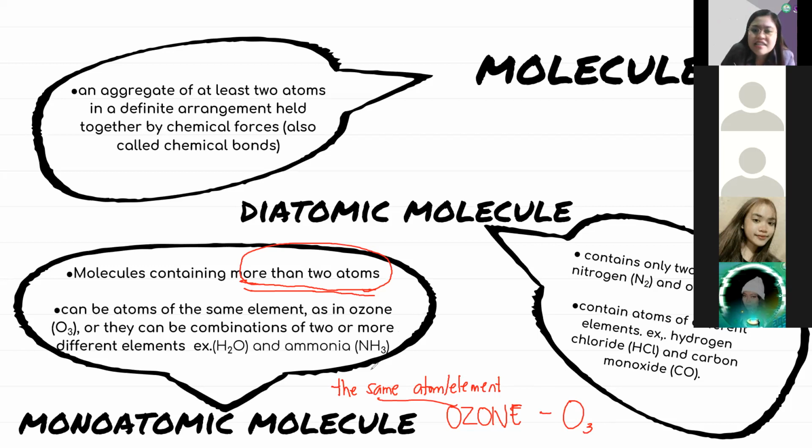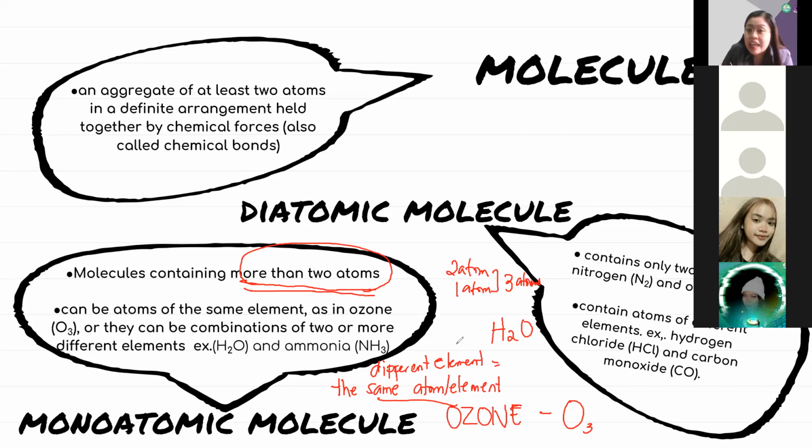Pwede din siya class na different elements or different kinds of atoms. So kagaya ng example dito, water. So all in all class, meron tayong dalawang atom ni hydrogen and isang atom ni oxygen. Meron tayong tatlong atoms dito. So that is now more than two atoms.